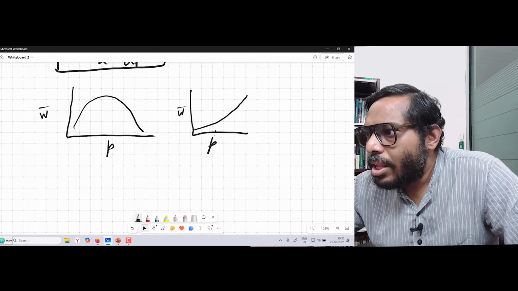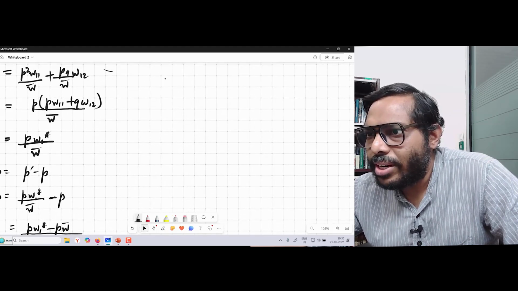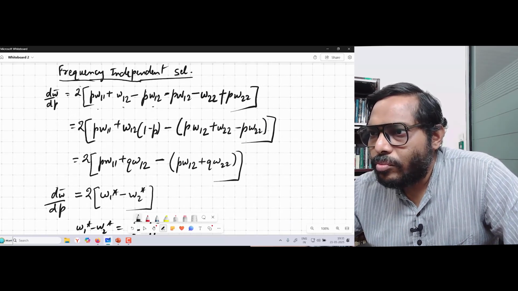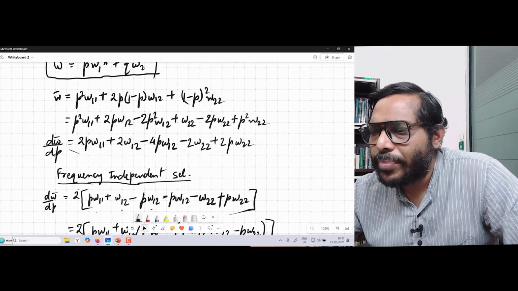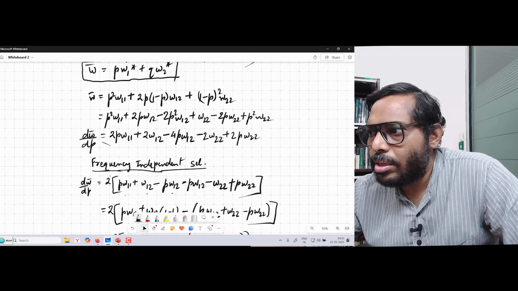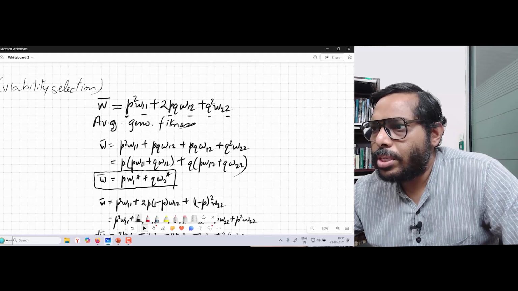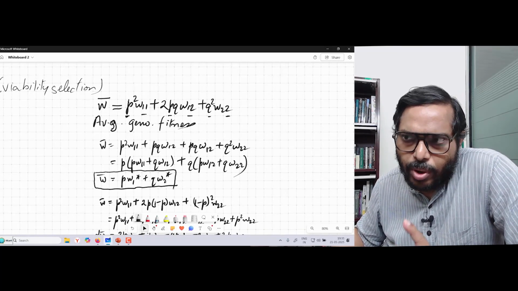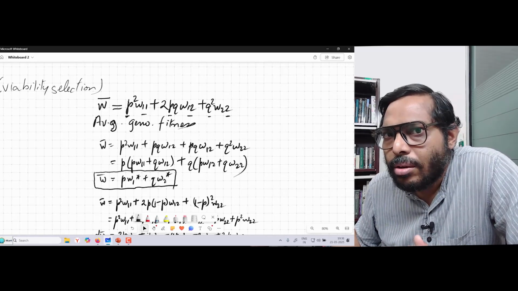Now, let us further examine this W bar. It is a fantastic thing. So, we started by saying that this is our W bar: P square W11 plus 2PQ W12 plus Q square W22. Now, as you can see, this is quadratic in P. What do I mean by that?